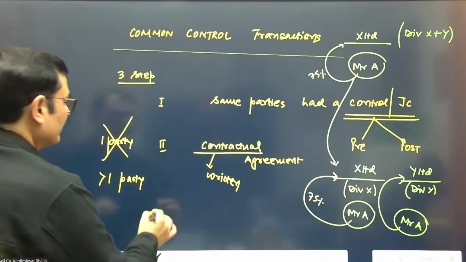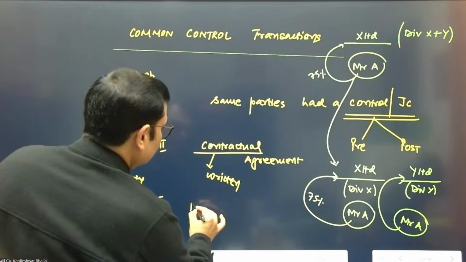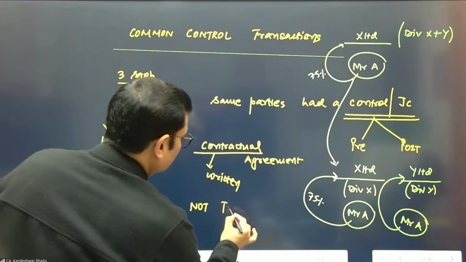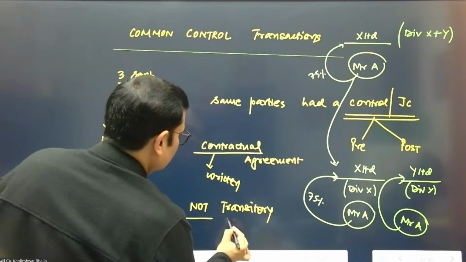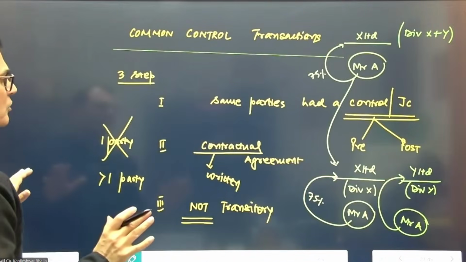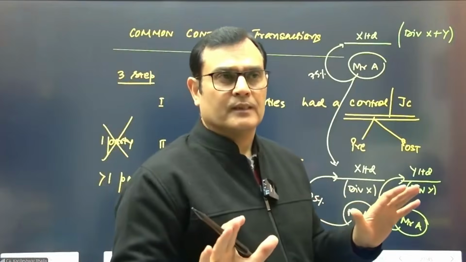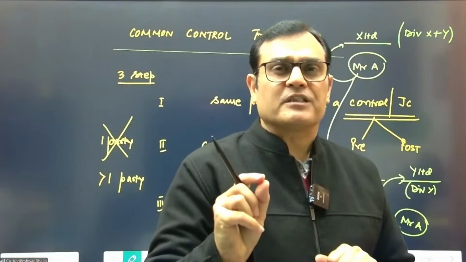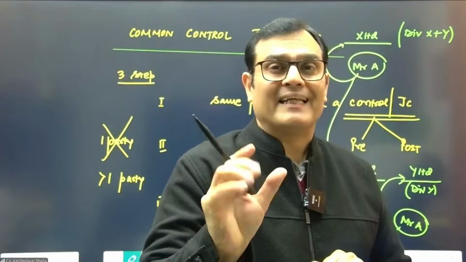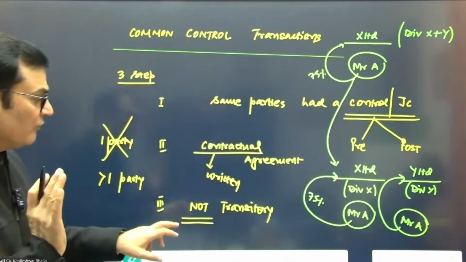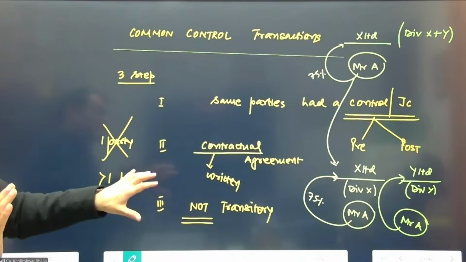Then once you satisfy this, we go to step number 3 and decide that this is not transitory. Now you will ask, what is not transitory? Don't worry, I'll explain that with an example. But the basic objective of step 3 is that you should not be doing any kind of manipulative planning.